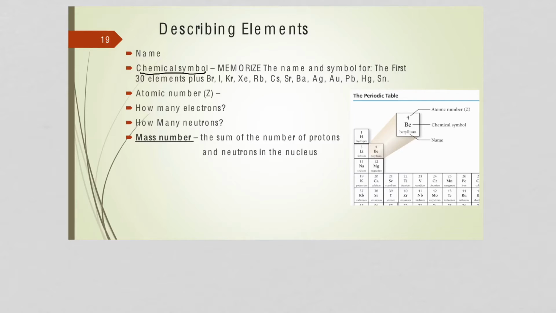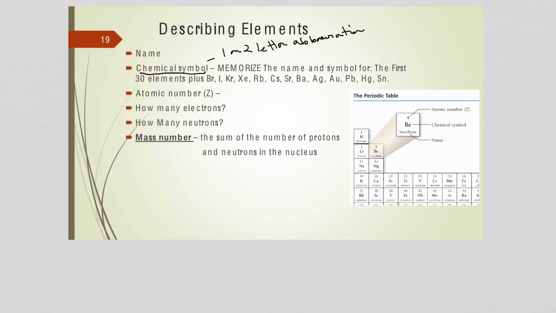Right? And so the chemical symbol is a 1 or 2 letter abbreviation.